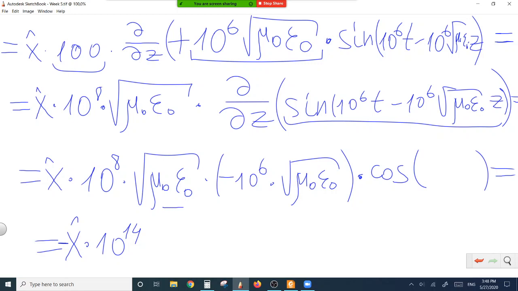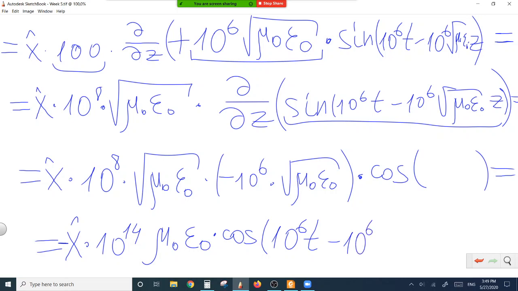The square root squared means mu 0 epsilon 0 multiplied by cosine of 10 to the power 6 t minus 10 to the power 6 square root of mu 0 epsilon 0 z.